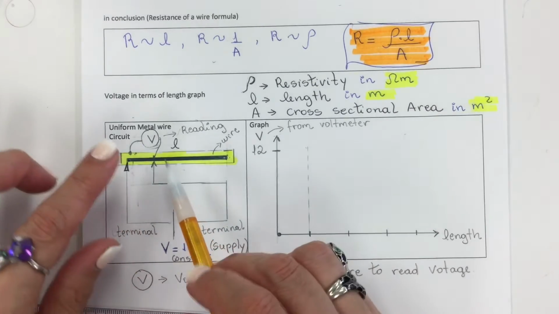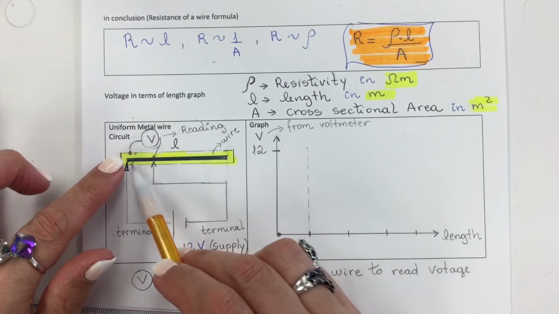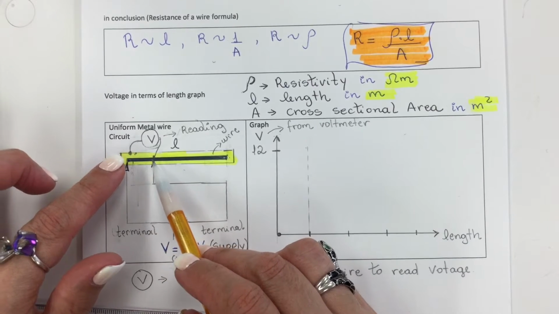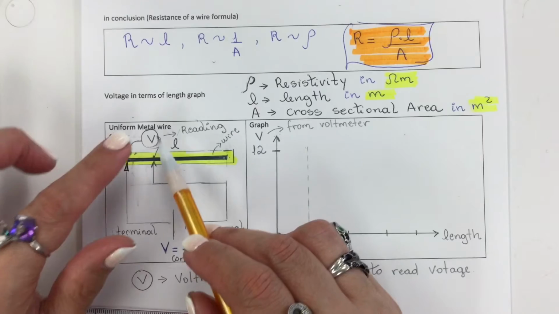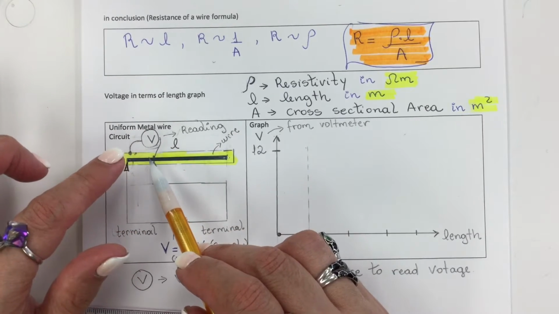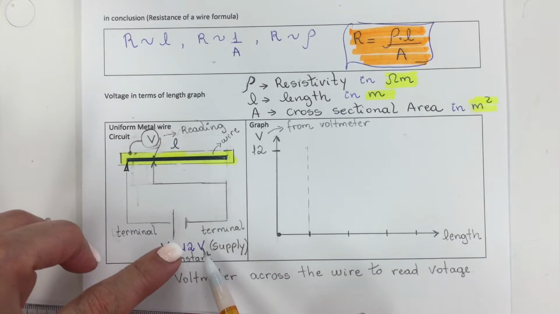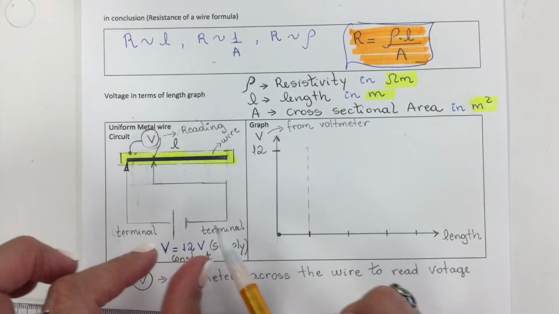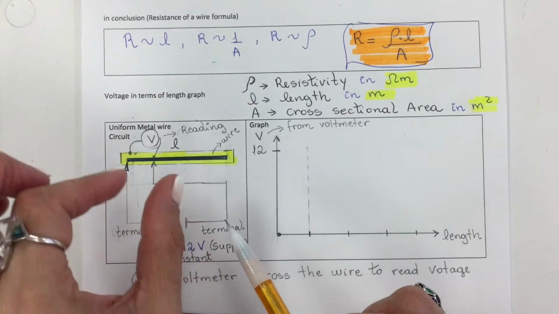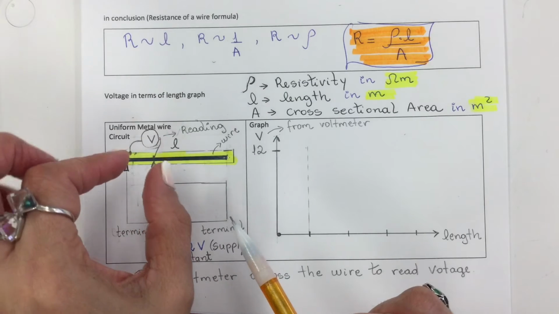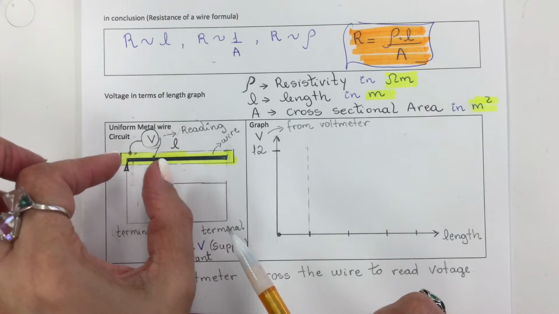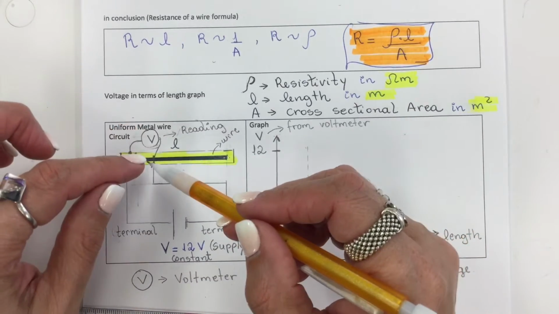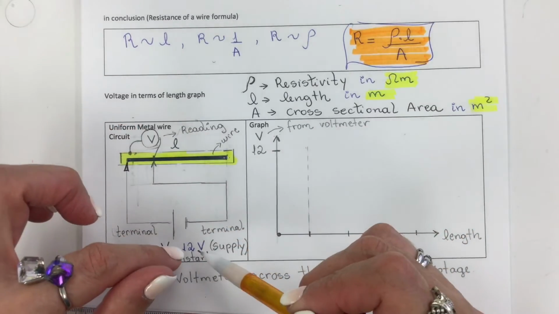Because I have more wire here, I have more resistance, which means that the voltage here is not going to be exactly 12, it will be less, because some of this voltage will be necessary to provide the energy for this section right here. So my voltage is going to drop, it will be less than 12.